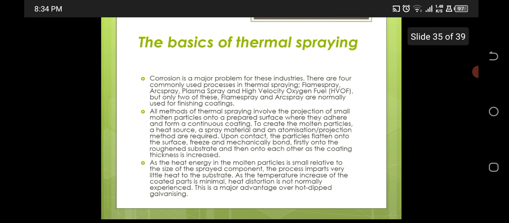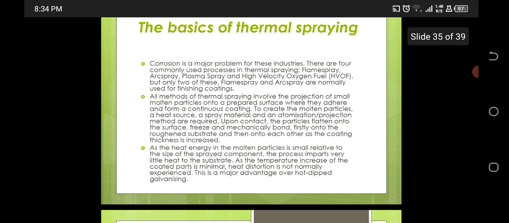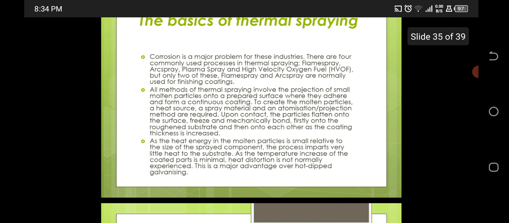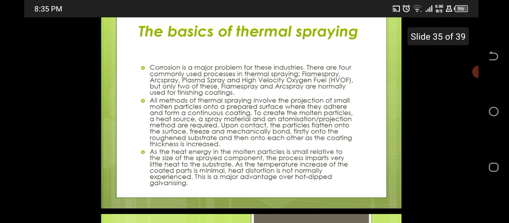The process imparts very little heat to the substrate. It means the target on which the coating is going to be done is heated very little. There is very little increase in the temperature of the subject. So as the temperature increase of the coating material is minimum, heat distortion is not normally experienced.